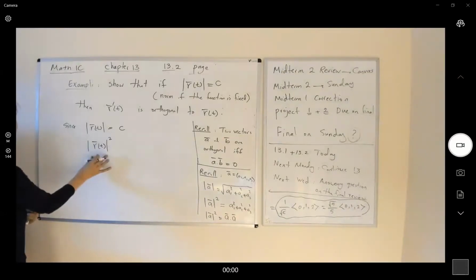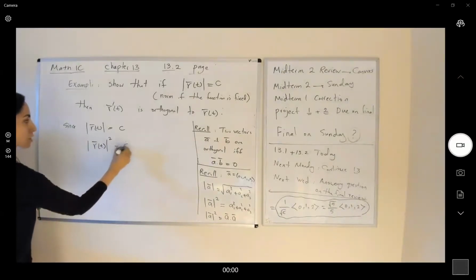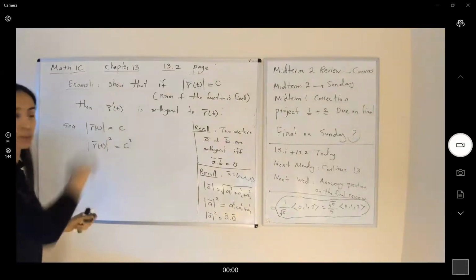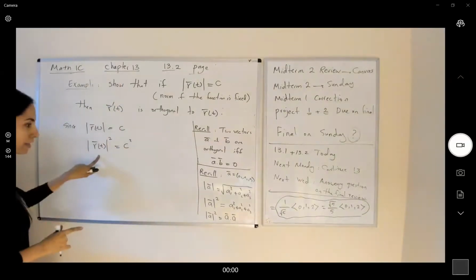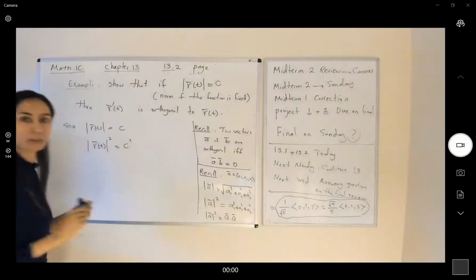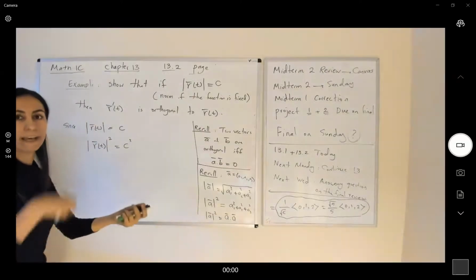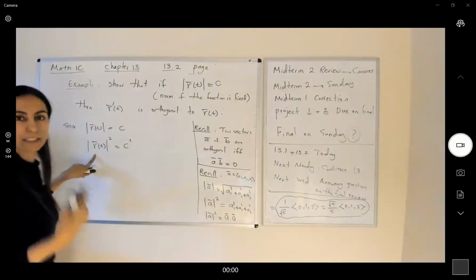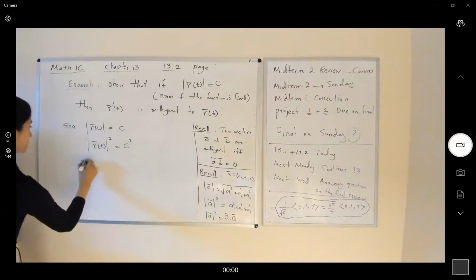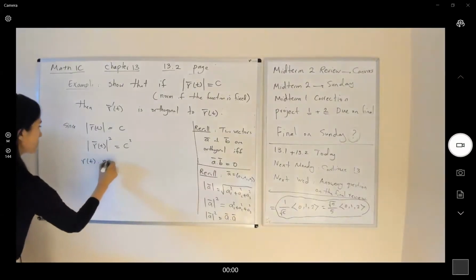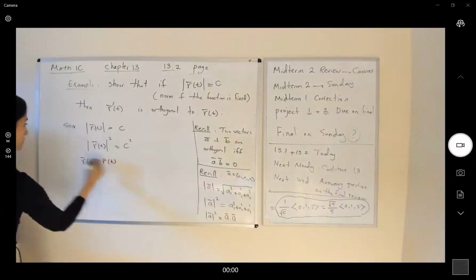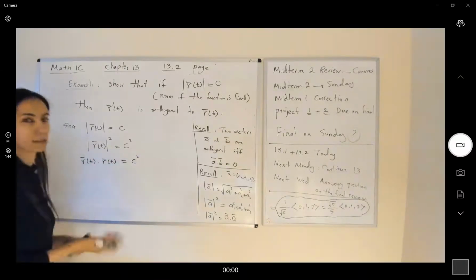This is just a number on the left hand side. I'm just raising both sides to the second power. And this is equal to the dot product of A times A, or R(t) times R(t), equals the constant C squared.